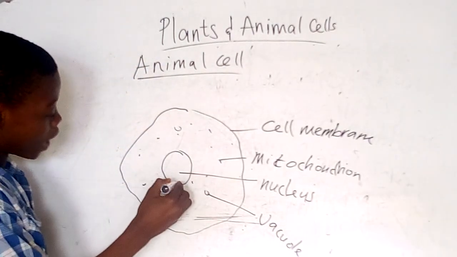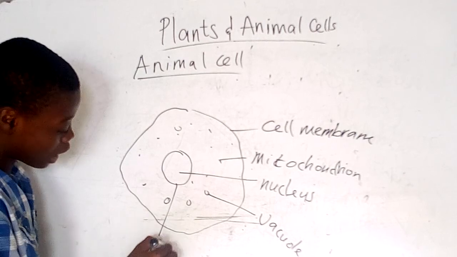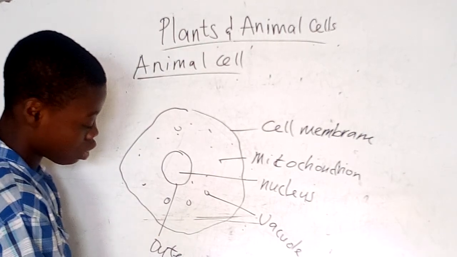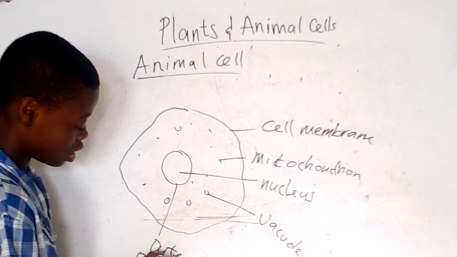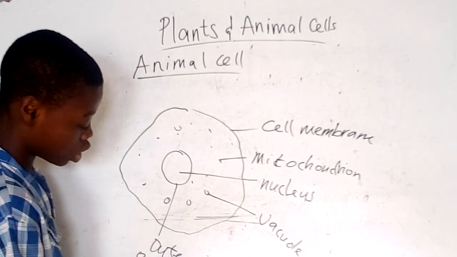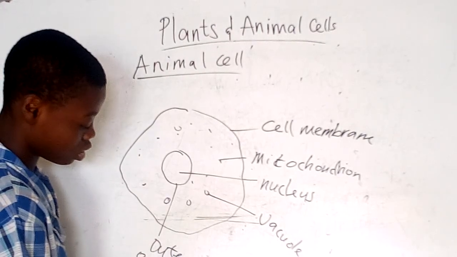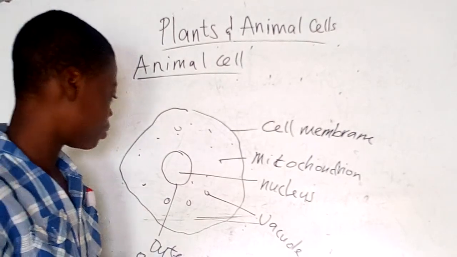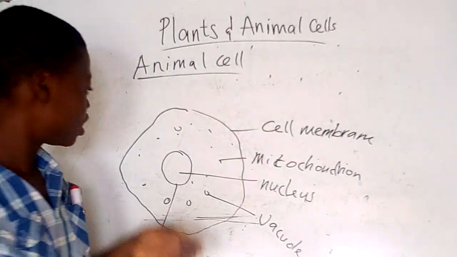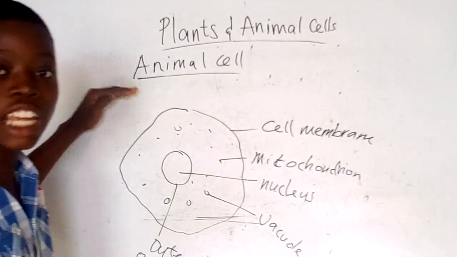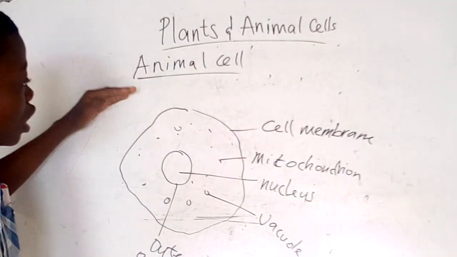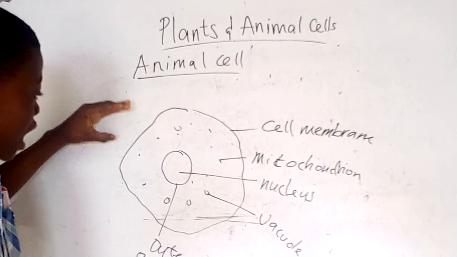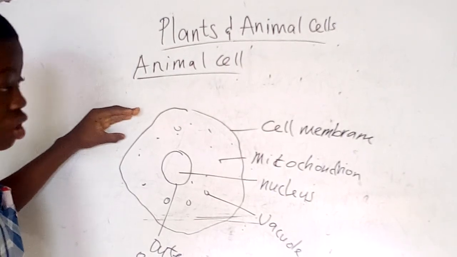We also have the outer part of the nucleus. Okay, so as you can see, this is the structure of the animal cell drawn on the board. Now this is how you should go about it when you are asked in your examination.